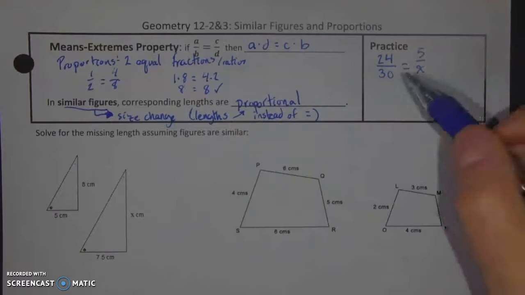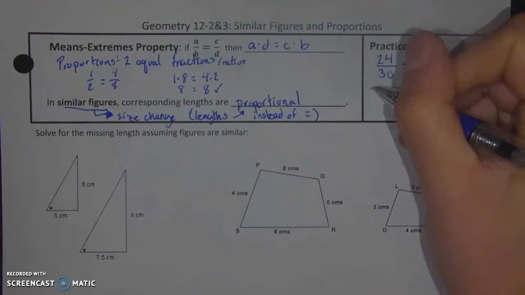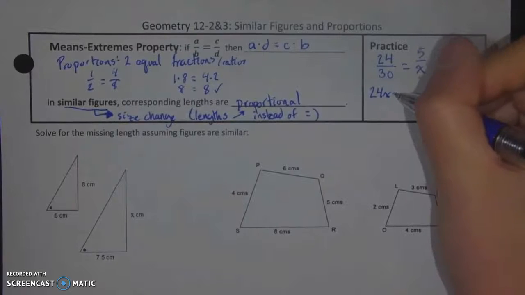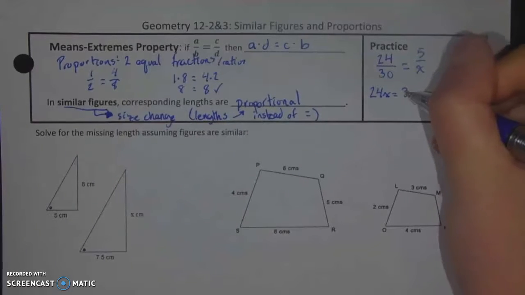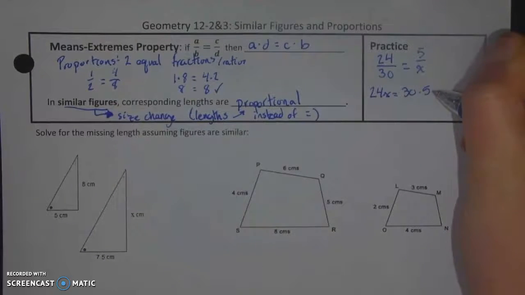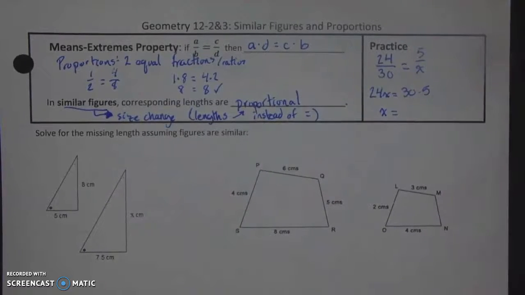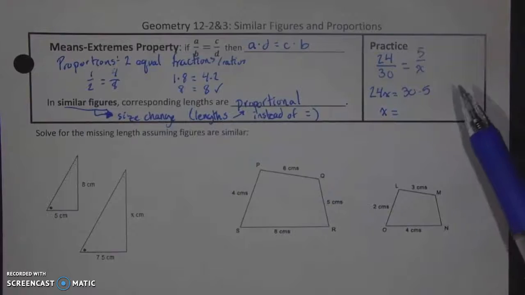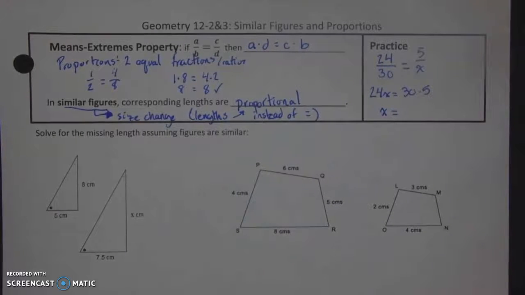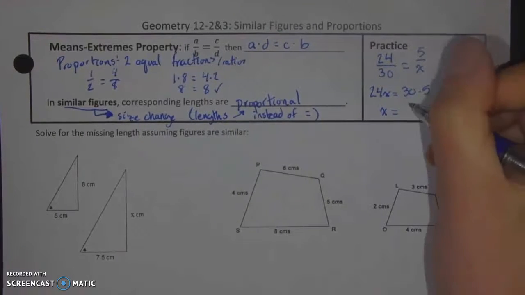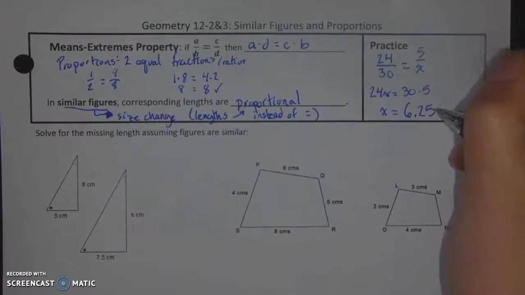You could then use the means extremes property to say, well, that means that 24x is equal to 30 times 5, which means that we can solve for x by multiplying 30 times 5, which gives us 150, and dividing that by 24. So we end up with x is equal to 6.25.